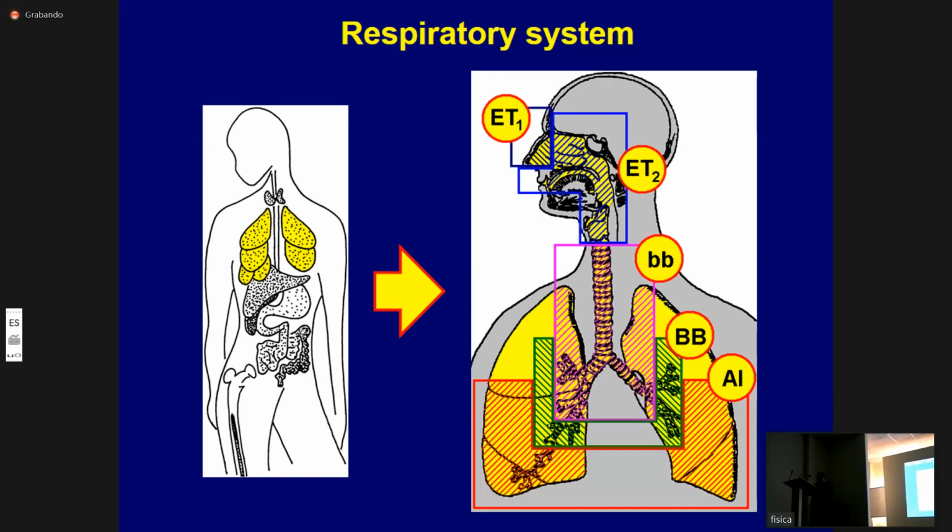This dosimetric model of the human respiratory system was proposed by the ICRP, the International Commission on Radiological Protection, in publication number 66 in 1994.